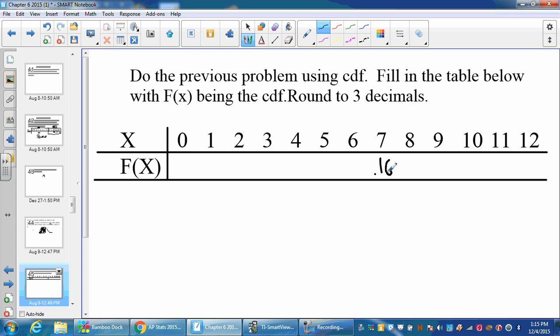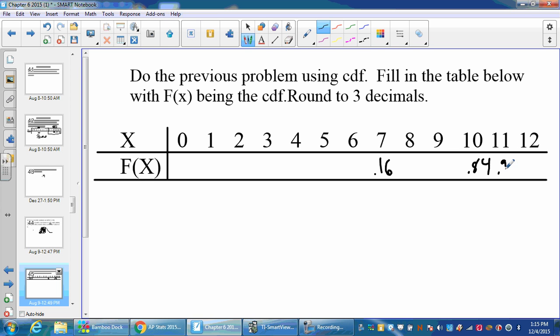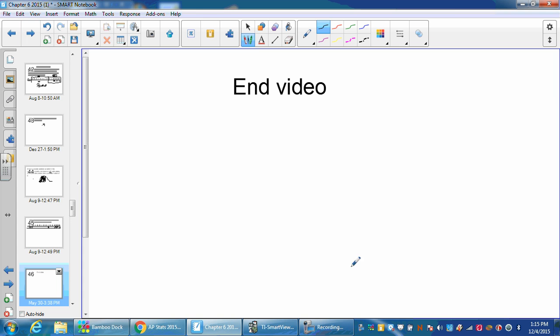When we get to 10, it's funny, that's a coincidence that happened. But now it's up to 96% at 11. And then once it gets to 12, it should be up at 100%, because all of these added up should always equal 100%. All right, hopefully you can do your work.